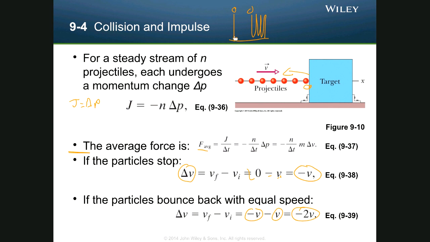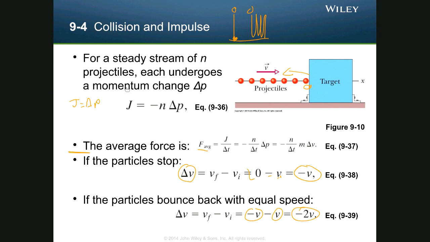If you hear me drop something, I'll drop some tape, it makes a loud thud. If I had something like this that bounced, it would make a much softer sound. And so you might think the thing that stuck had the larger force. But in reality, the momentum change is larger, and the average force is thus greater. So that's the big takeaway from here.